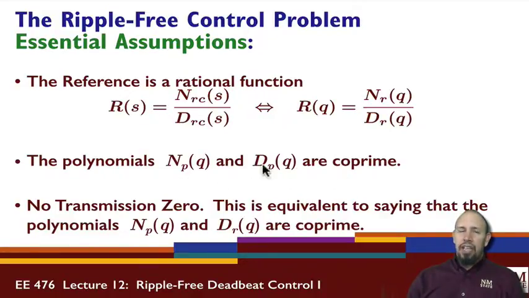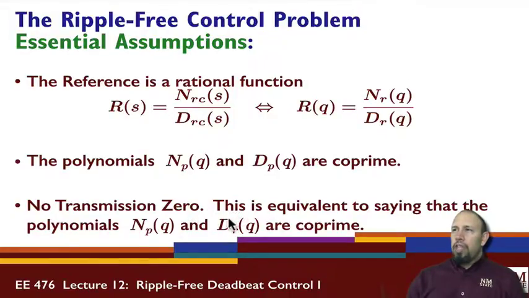This condition is very reasonable in the sense that if you go on later into deeper control theory, you'll learn properties of controllability and observability. These properties basically say that the system must be controllable and observable. And so those are very reasonable assumptions for systems. The last condition is no transmission zero. Now what does that mean?